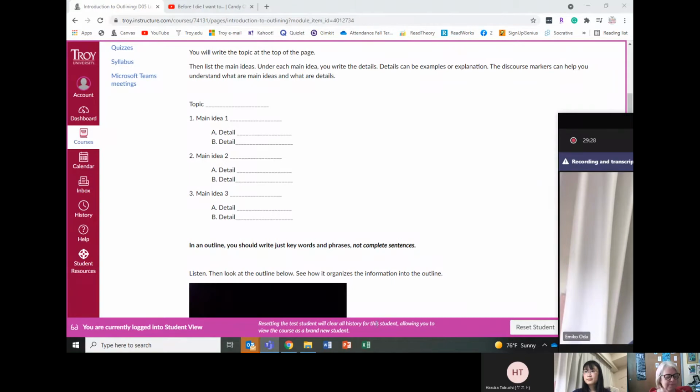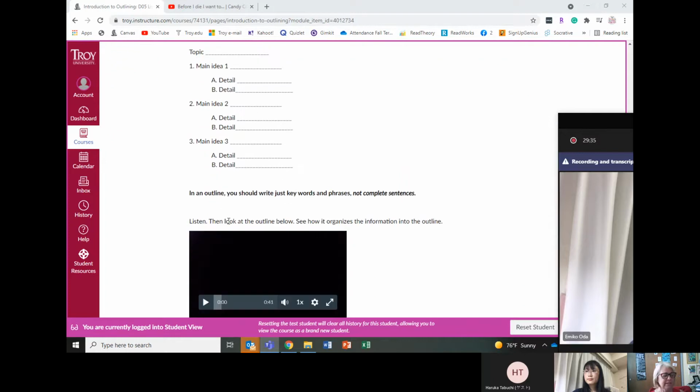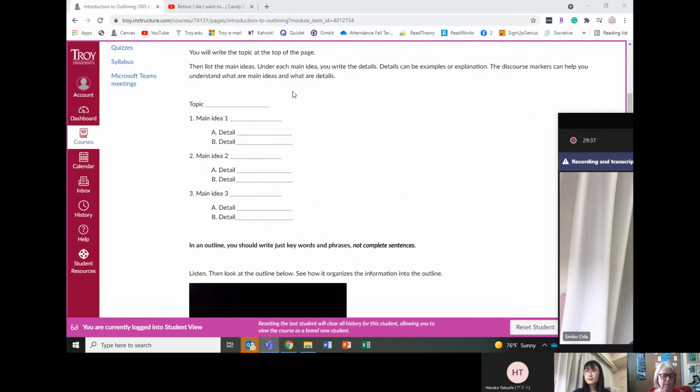Okay, so as we are talking about outlining right now, as we go through this, we want to use just short phrases when we outline. We don't want to use sentences, okay? Because we don't have time to write sentences when we're listening.